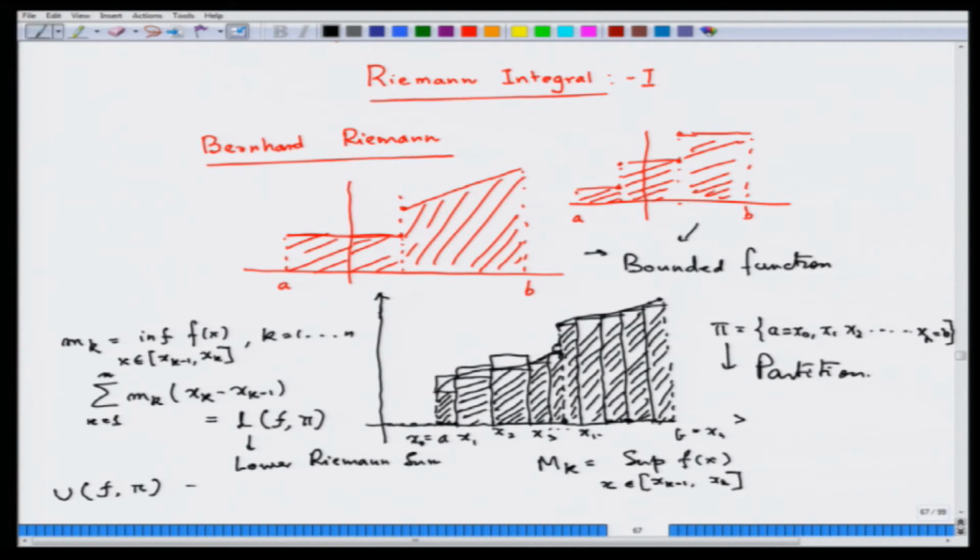Once you construct this sum, it will become the sum for k equal to 1 to n of m k times x k minus x k minus 1.